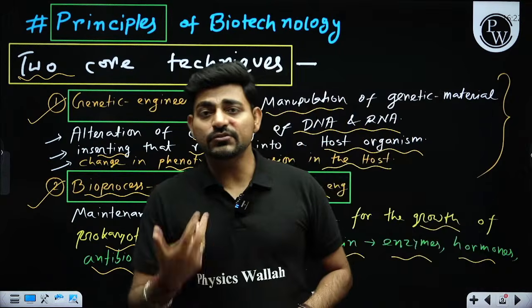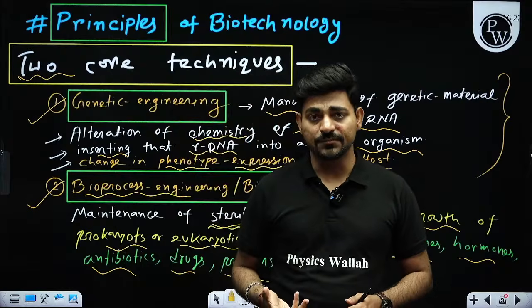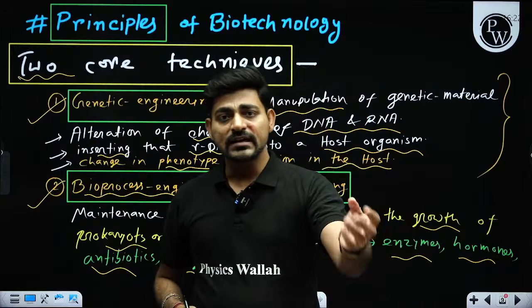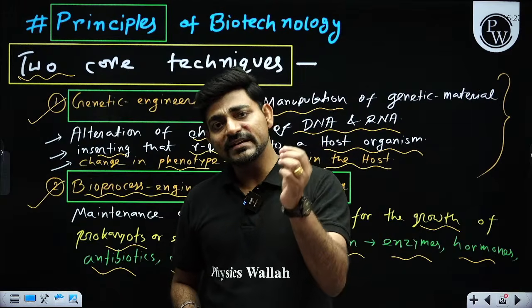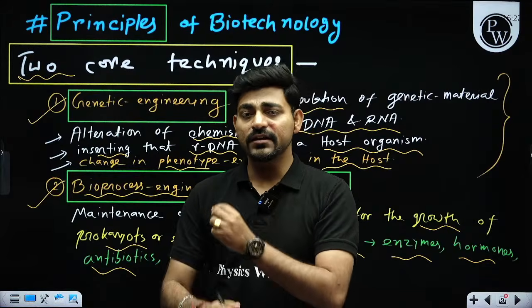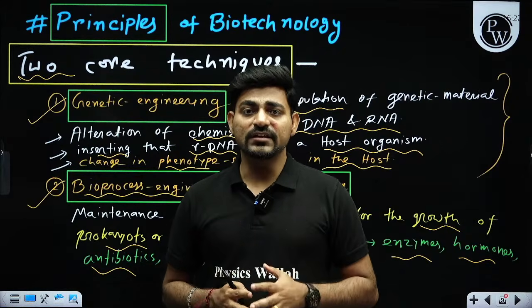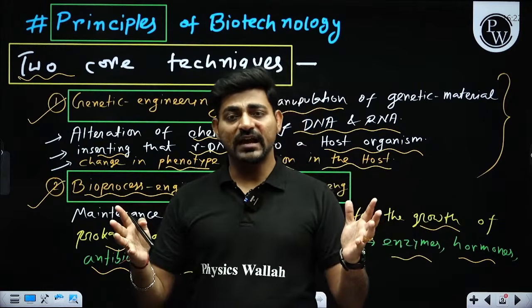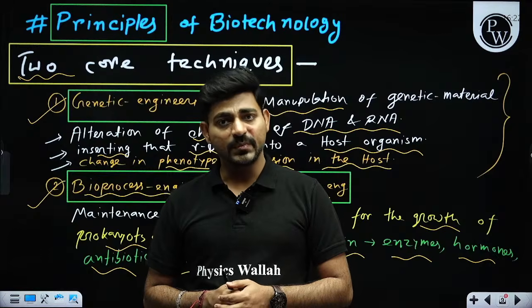Now what is the actual need of that particular invention? You have to sell it to the market, you have to give it to the hospitals, and those hospitals will be injecting the vaccine against COVID-19 into human beings. For that you have to create millions or crores of copies of that DNA vaccine which was prepared in the lab.